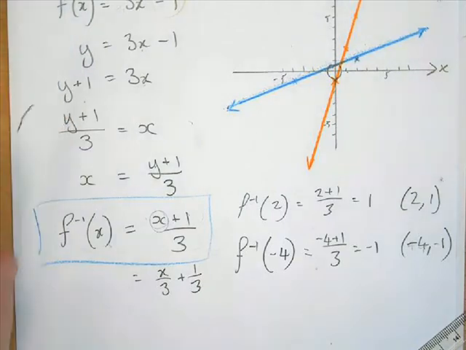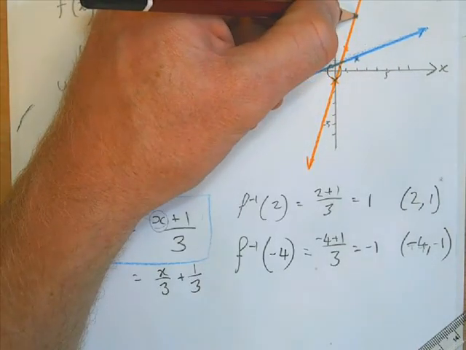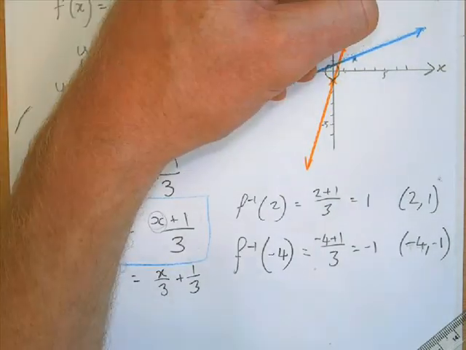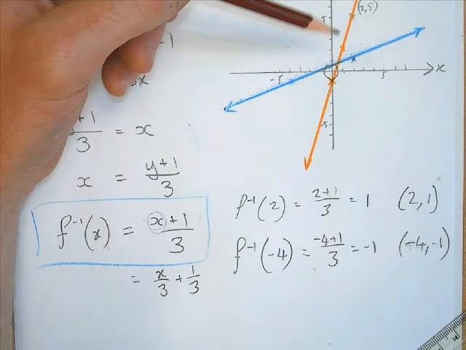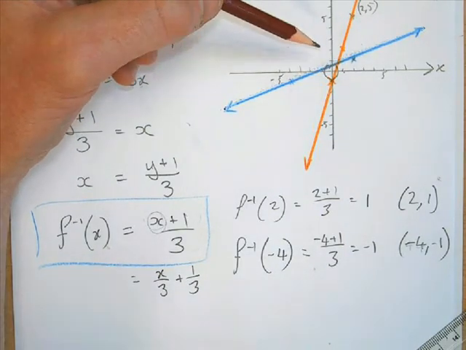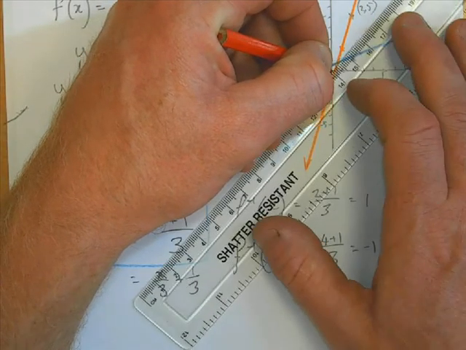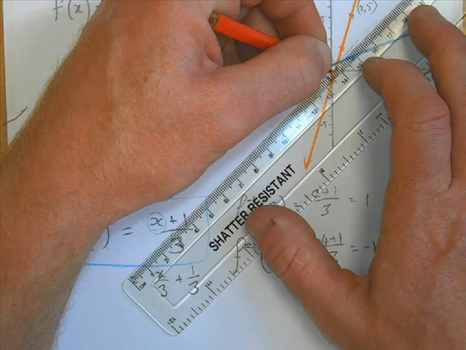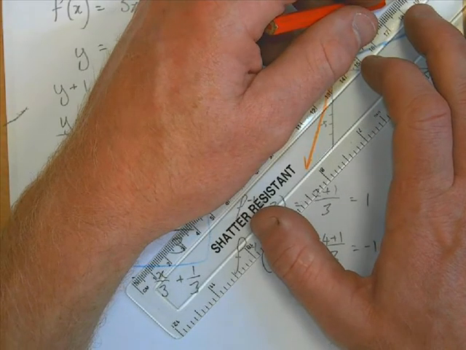Another thing you could do if you want to do it a bit quicker is at this point here, if you remember from the original function, is 2, 5. Now because all inverse functions are reflected in the line y equals x, and the line y equals x is a line that goes through the origin, and it goes through 1, 1, 2, 2, 3, 3, all those points, so it will go straight up like that there.